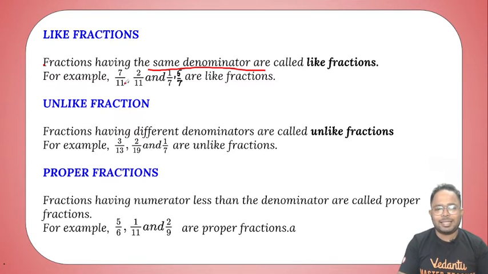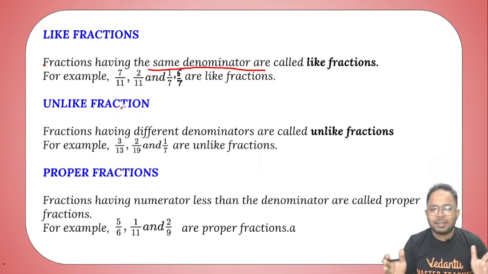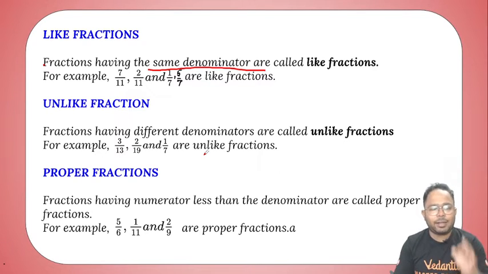Suppose, let's say, 7 by 11, 2 by 11. Both fractions have 11 as the denominator, so those are like fractions. Or we can say 1 by 7, 5 by 7. These are like fractions.